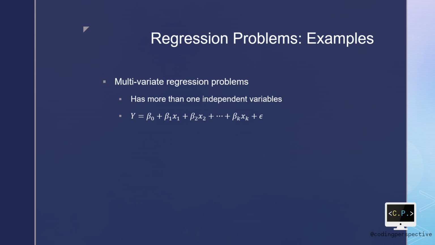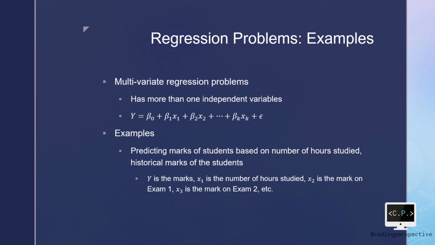And again, there are many assumptions behind this relation, and those are also out of the scope of this video. Predicting the marks of the students based on the number of hours studied and the marks on the older exams can be given as an example. In this case, we have number of hours studied and historical marks as independent variables and marks as a dependent variable. We are going to use x values to predict y by adjusting the beta variables in the formula presented. So we have k different beta values to be optimized.